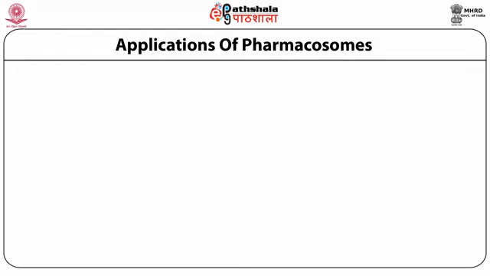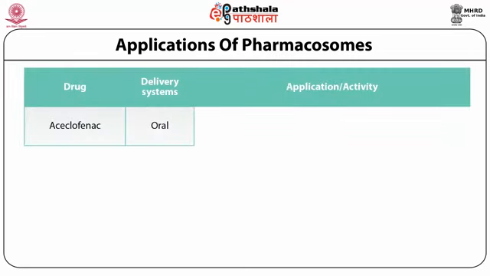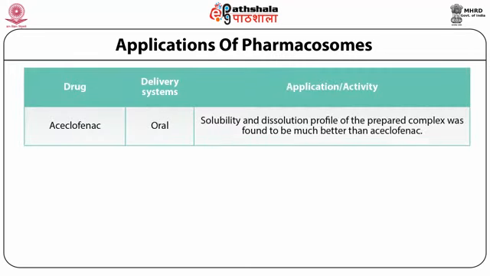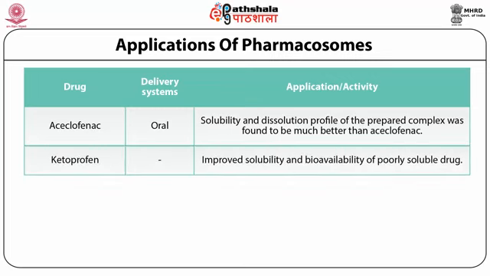There are some examples of pharmacosomes which are reported in the literature, like the aceclofenac oral system, where the solubility and resolution profile of the prepared complex was found to be much better in the form of pharmacosomes. Similarly, ketoprofen showed improved solubility and improved bioavailability in the form of pharmacosomes.